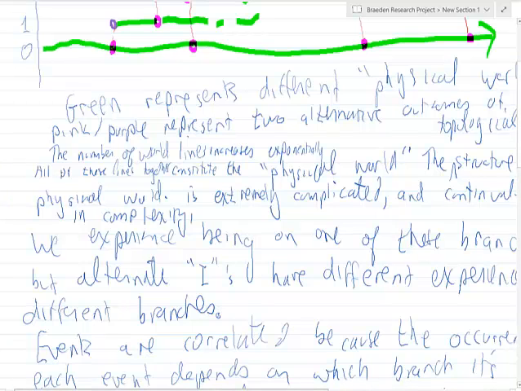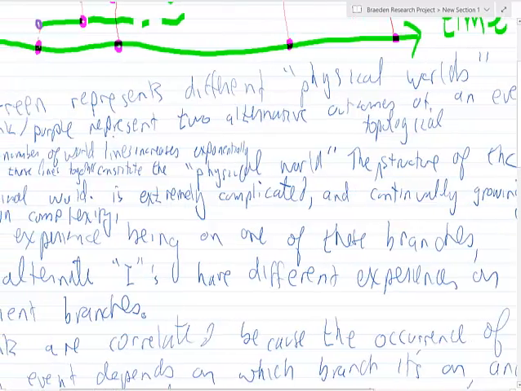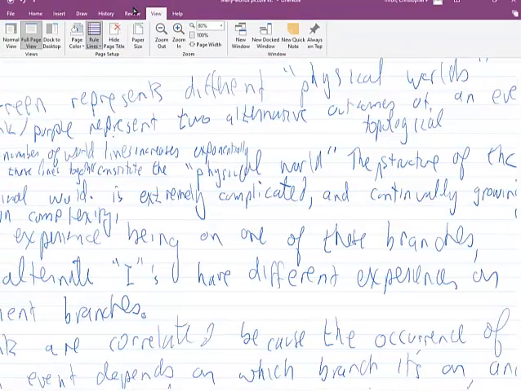All right, now, different events are correlated. This is in terms of statistics. I think you saw the concept of correlation between different events. So these events basically affect each other because the occurrence of each event depends on which line it's on. Let me zoom out again so I can read it.